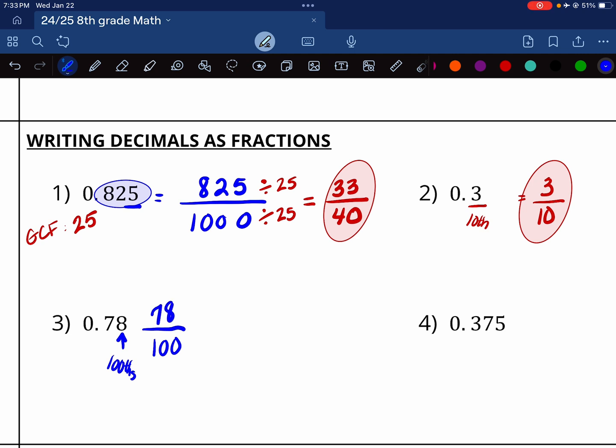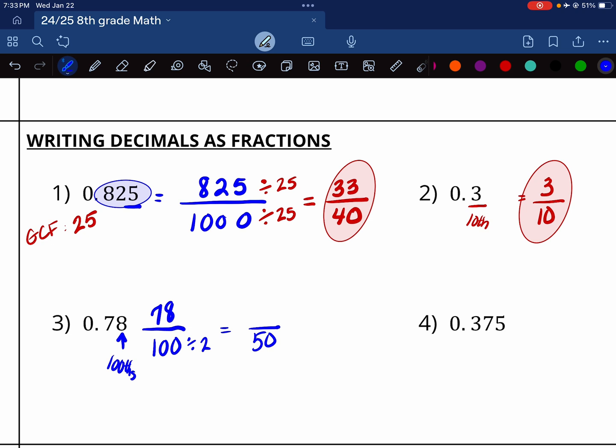What is going to be my greatest common factor? I'm going to try 2. First I'm just going to do the numerator, because I already know that if I use a greatest common factor of 2, I'm going to get 50 for the denominator.